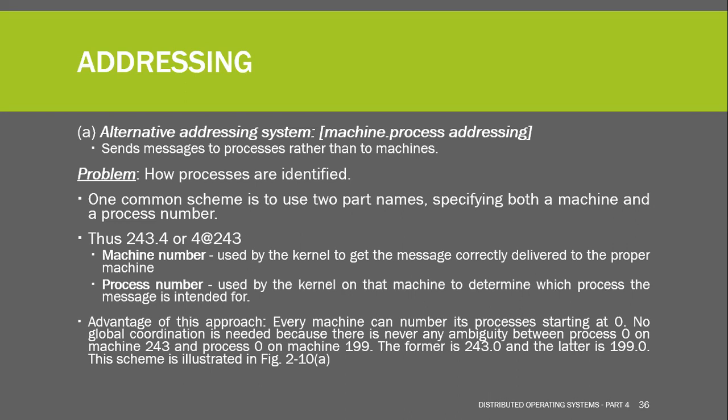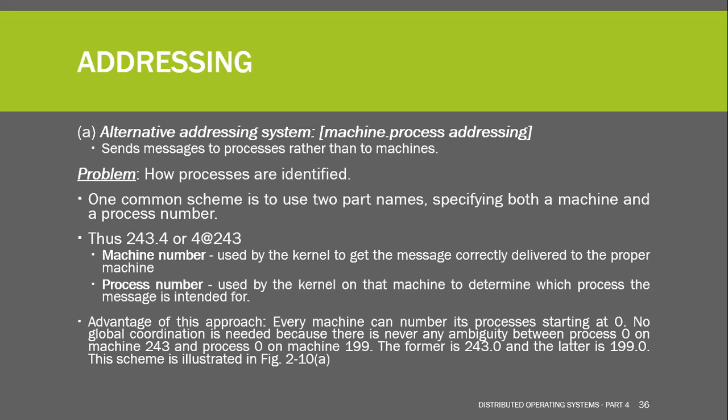How are processes identified? One common scheme is to use two-part names specifying both the machine and the process number. Thus, 243.4, or 4 at 243. The machine number is used by the kernel to get the message correctly delivered to the proper machine. The process number is used by the kernel on that machine to determine which process the message is intended for.